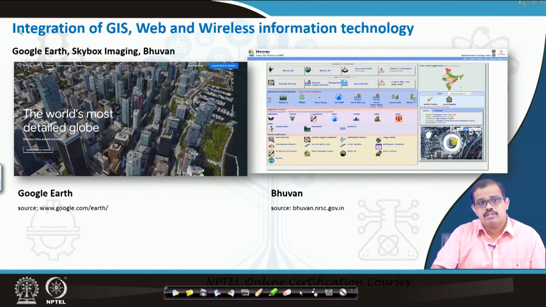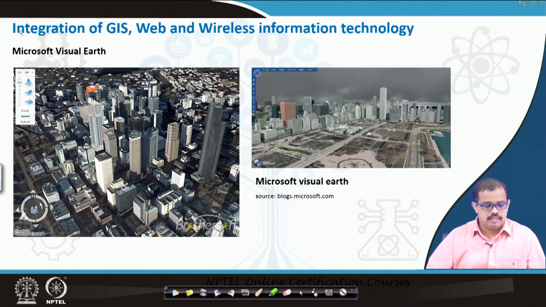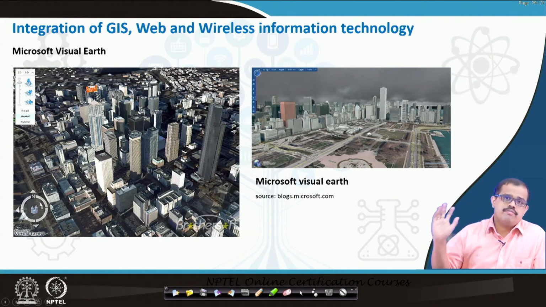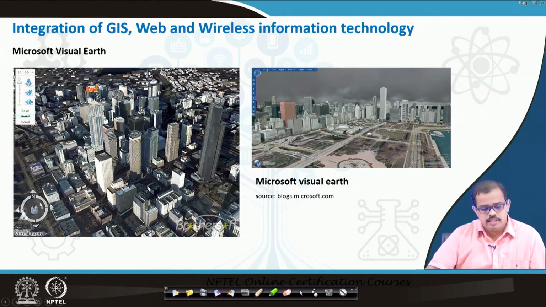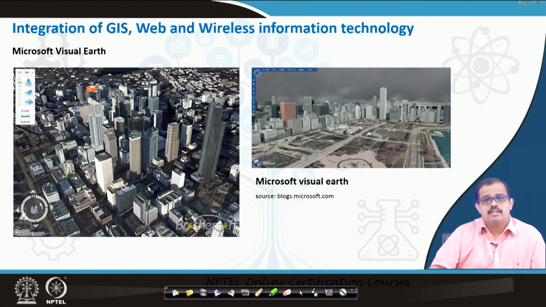Then you have Skybox Imaging. So these are certain places where you can get a huge lot of data. Then Microsoft Visual Earth. This is also a web based browsing system where you can understand and visualize different earthscapes using a browser.